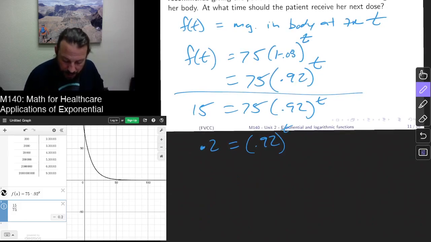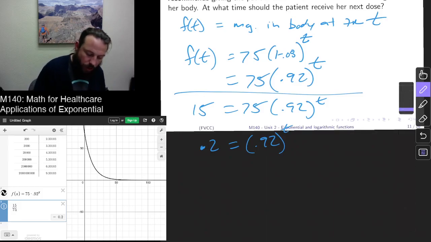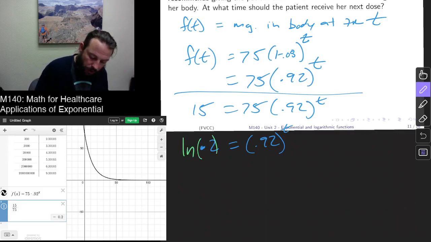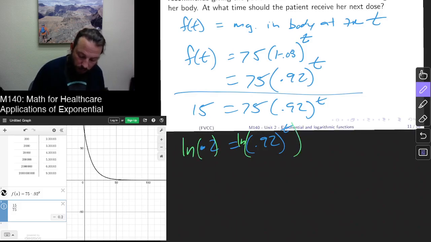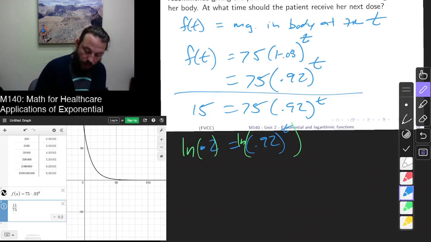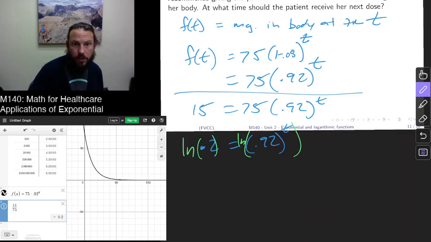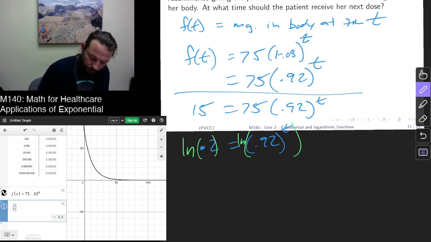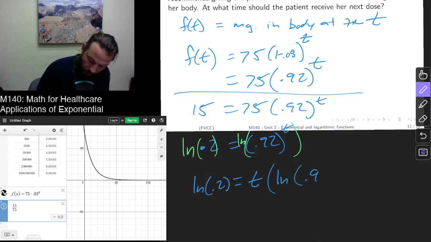Now, even though our base is not e, we're still going to use the natural log of each side in order to get that variable out of the exponent. And here we wind up with the natural log of 0.2 equals t times the natural log of 0.92.